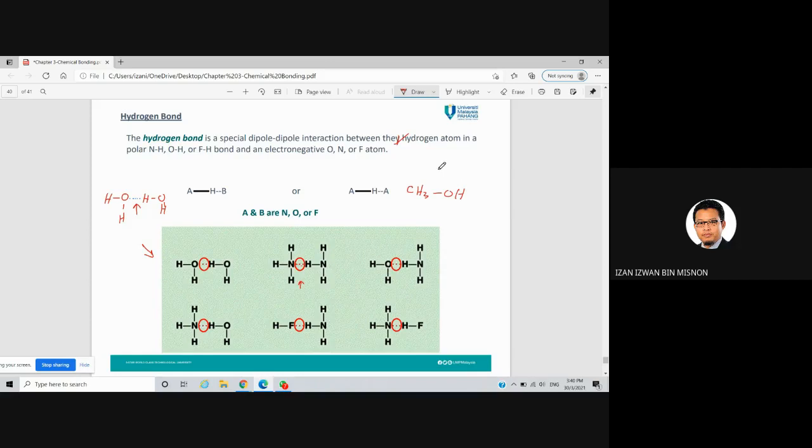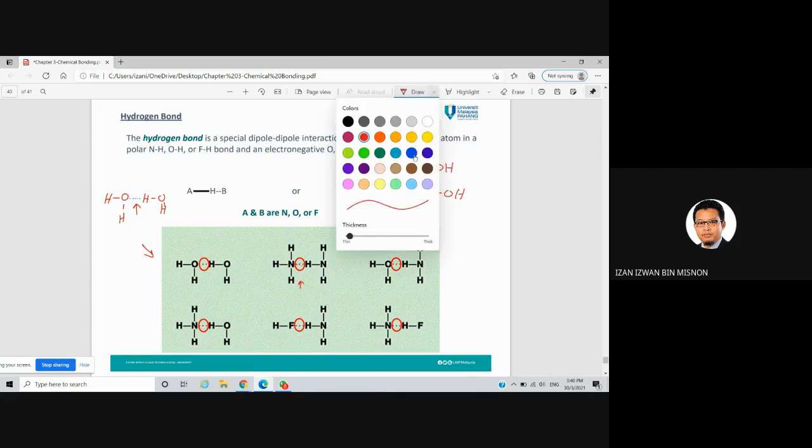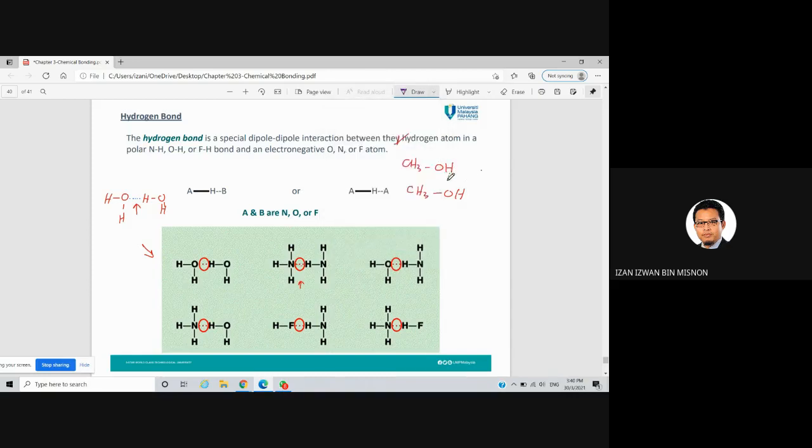This one can form a hydrogen bond with the adjacent hydrogen. Right.